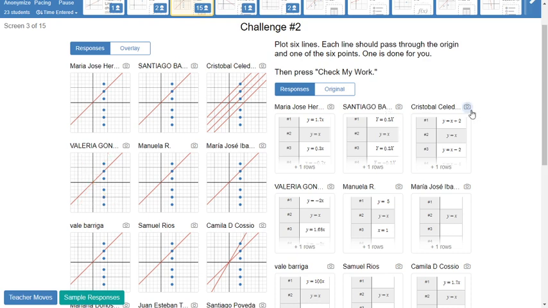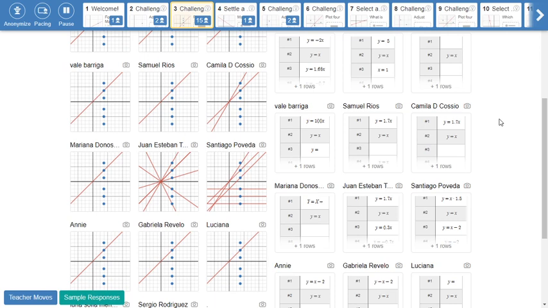Cristobal, you're doing good. But remember, Cristobal, that you have to pass all the lines through the origin. So it's necessary that you change the structure. Very good. Camila Di Cosio, excellent. Santi Poveda, George singing, excellent.